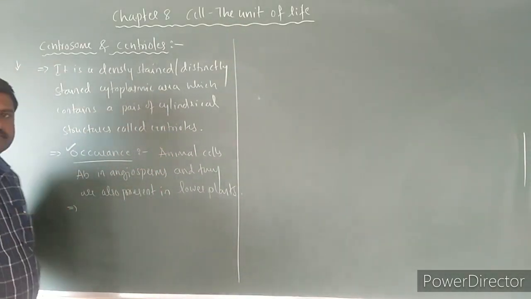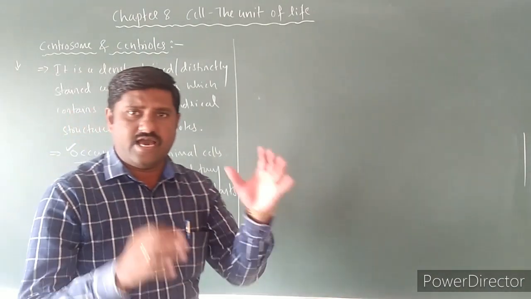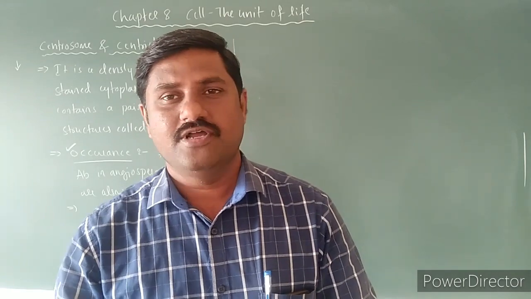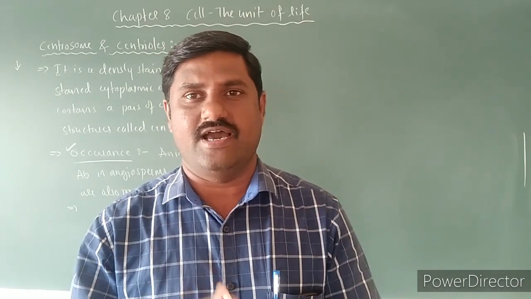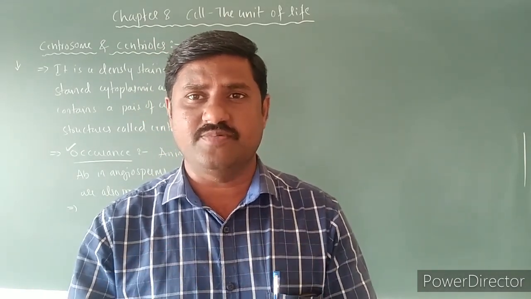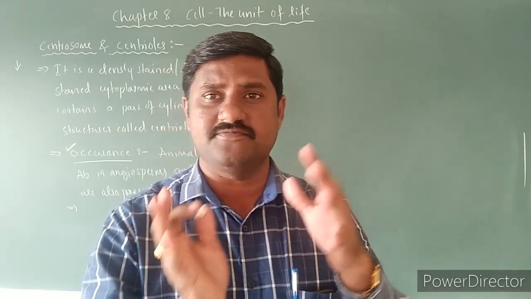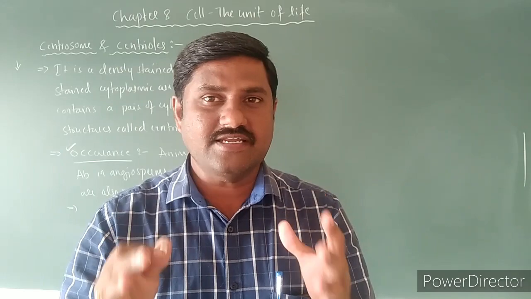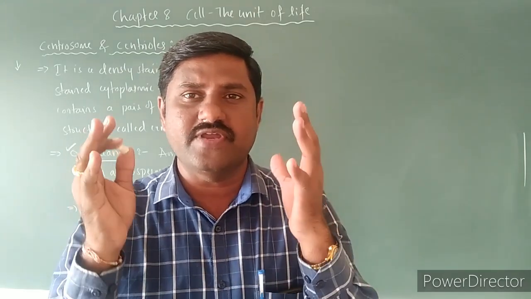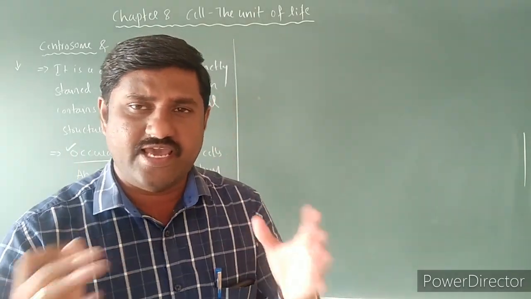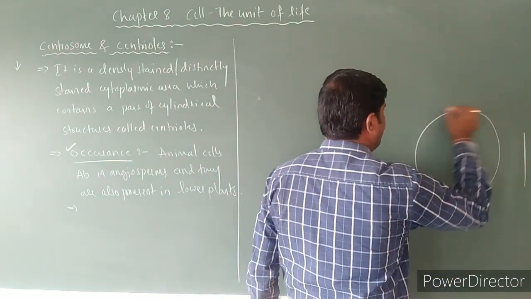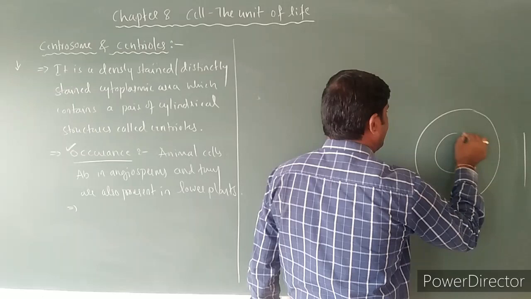Now, what is the area that contains a pair of centrioles? Already you know, it is a densely stained area, a little bit fibrous, somewhat distinct from the other cytoplasmic areas, lying very near to the nucleus. In the diagram we can observe that. See here, this is one animal cell and this is the nucleus.